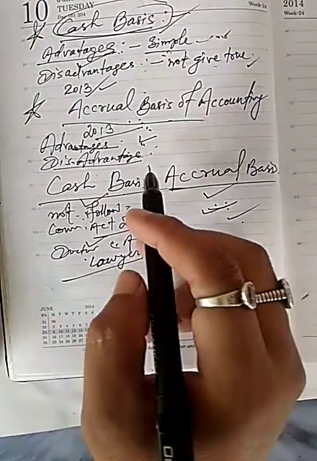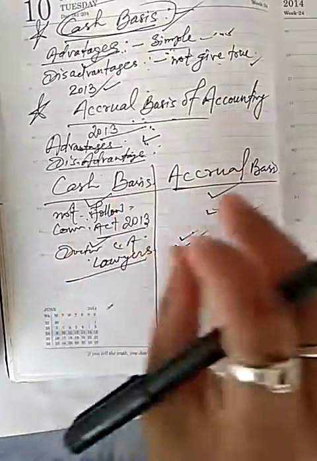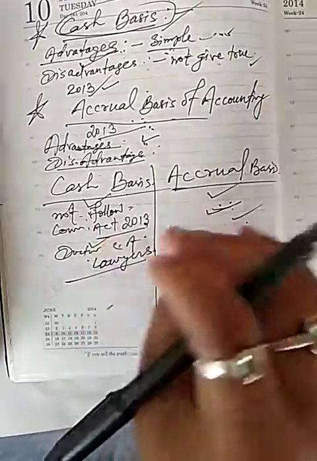So these are the basic differences between cash basis and accrual basis of accounting.